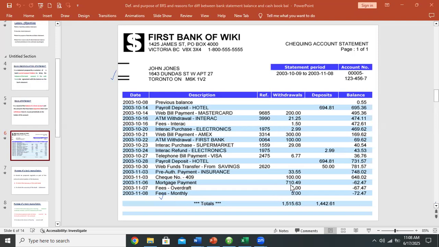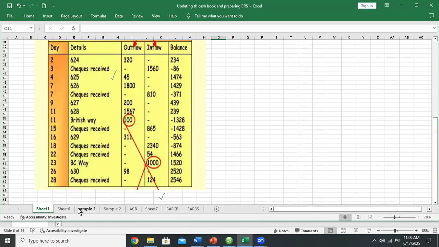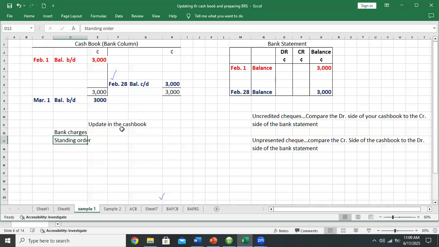So these are the bank charges we are talking about. The bank will deduct it from you because they are giving you some services. So when you see it like this, you would have to go to your cash book and update your cash book. So that's why I put in here updates in your cash book.